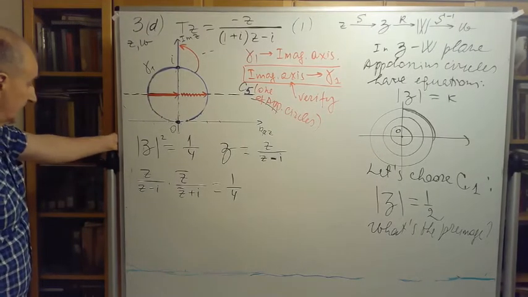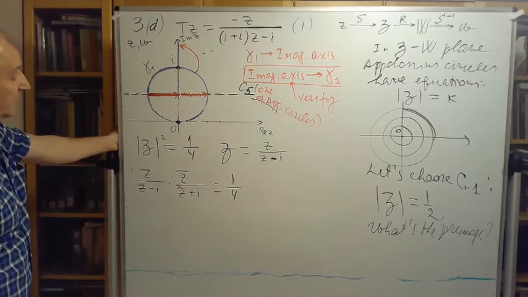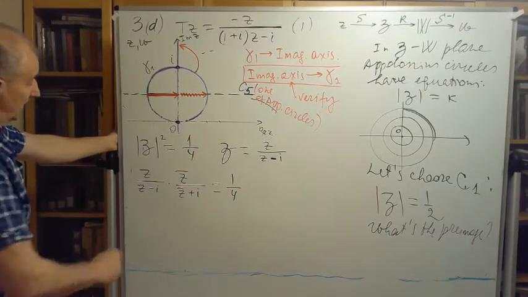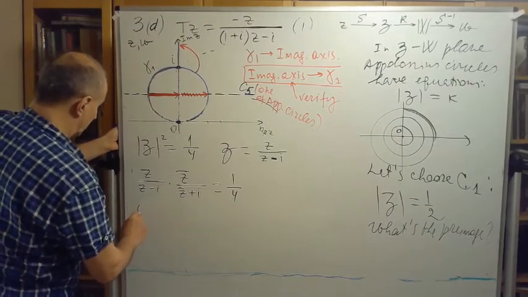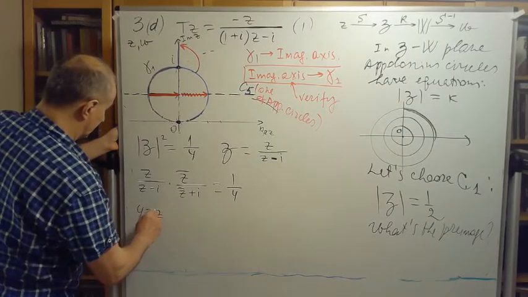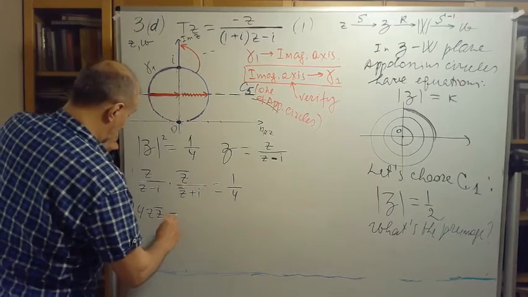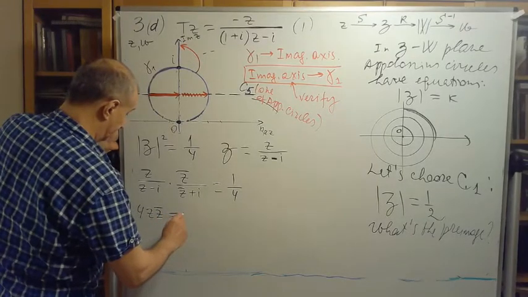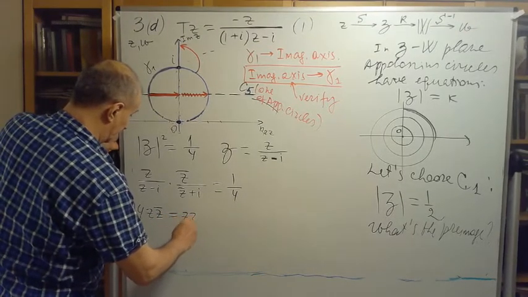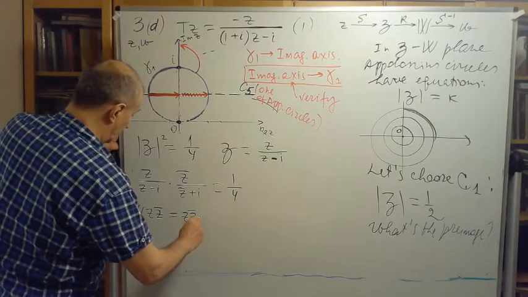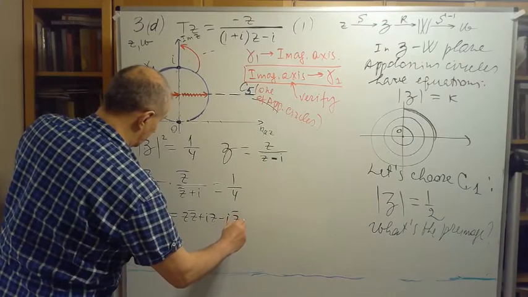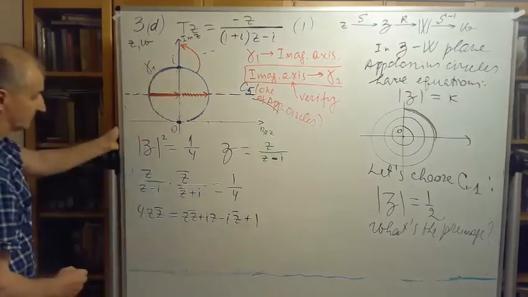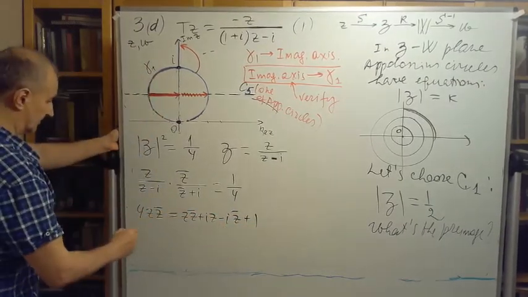So let's multiply both sides of the equation by 4 and by z minus I by z conjugate plus I. So it will be 4z z conjugate equals z z conjugate plus I z minus I z conjugate and plus 1. Bring everything to the left hand side.